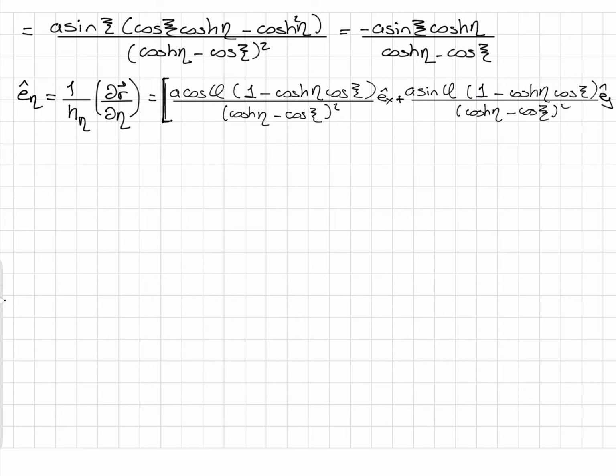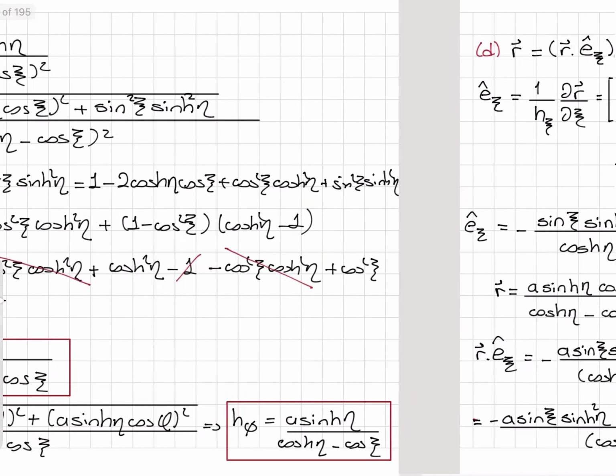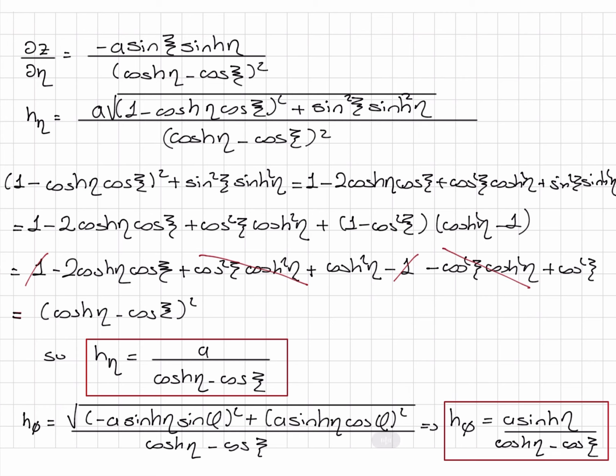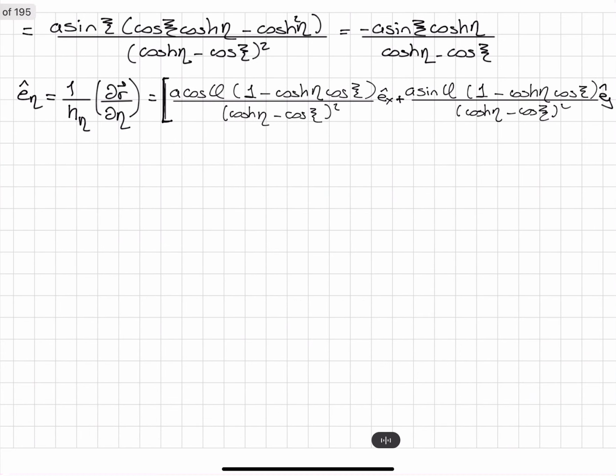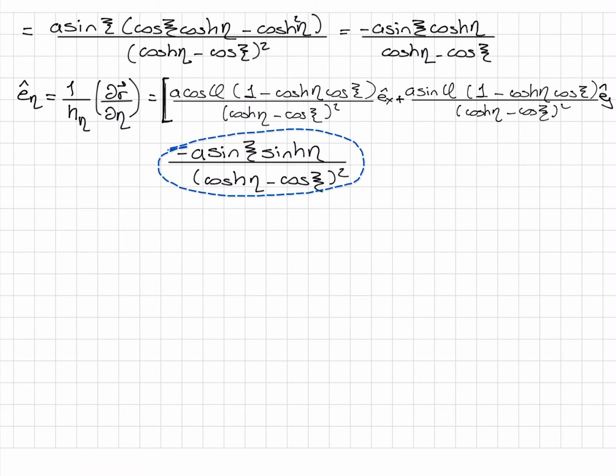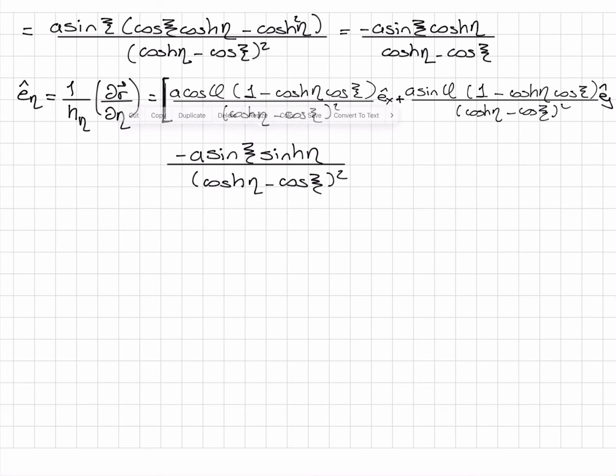And then we had the z component, del z del eta, which is here. Let's copy that. This is our z component in ez hat direction.